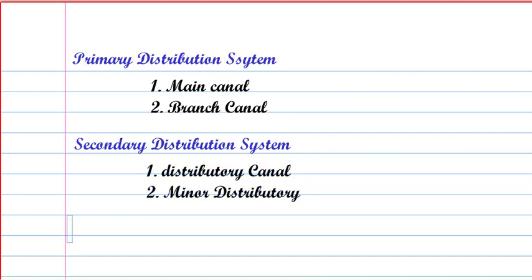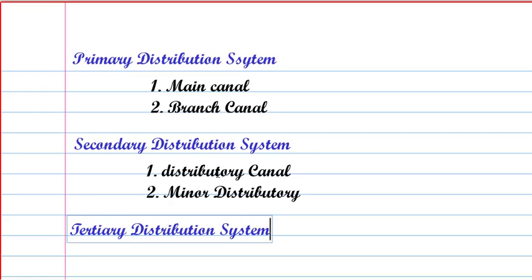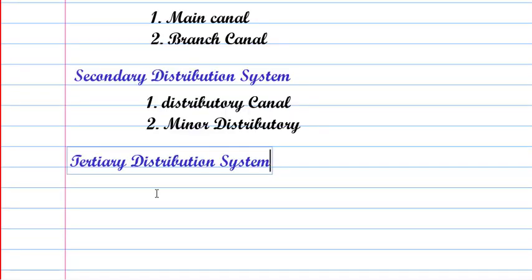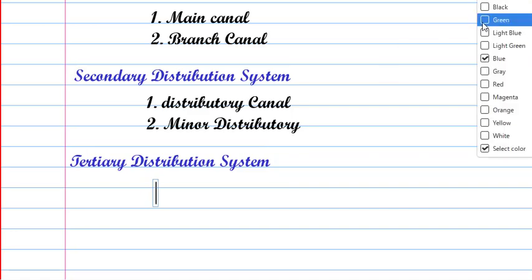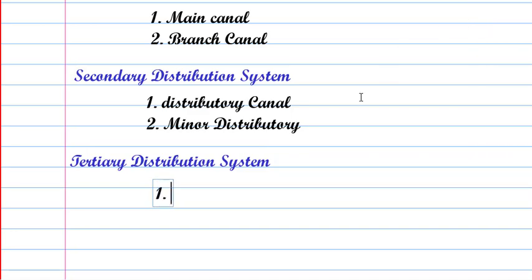And the third one is tertiary distribution system, and it includes the first component of tertiary distribution, which is water course, and second is your field.